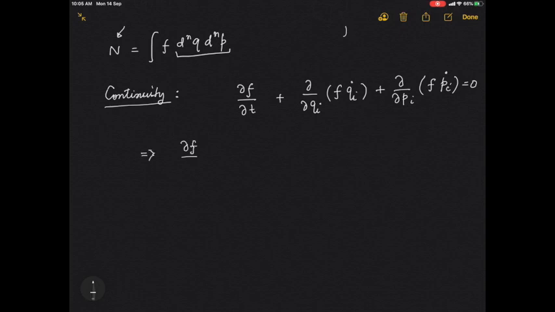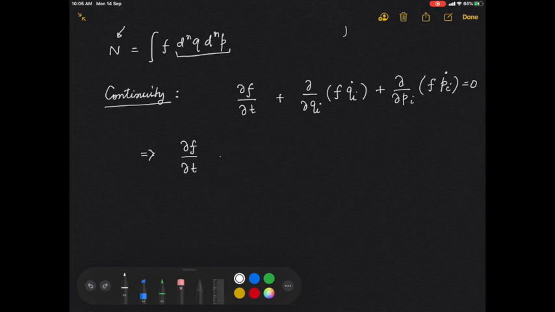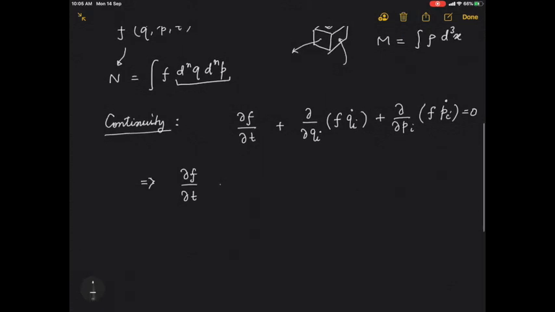So that I can write as del f del t plus, let us collect the terms where f is constant, and I take the derivatives on the qi dot and pi dot.